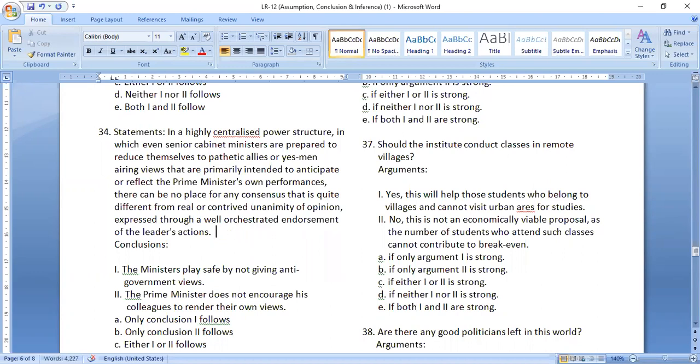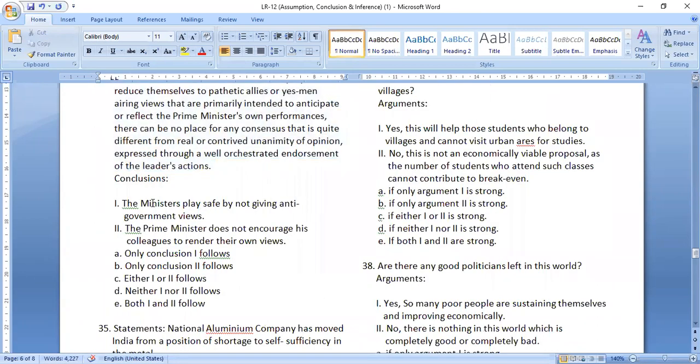Okay, so I think, from this statement alone, we can definitely conclude that the ministers are playing safe, but we can't conclude that the Prime Minister does not encourage his colleagues to render their own, which might be the case, but it can't be concluded.